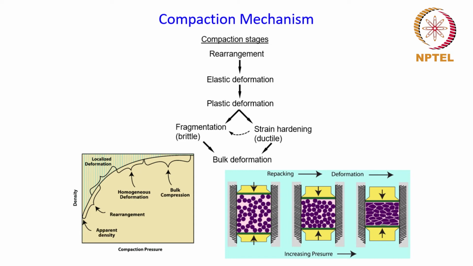So that's the homogeneous deformation process, as it is called. And once this deformation process has ceased, then the bulk deformation will start. That is when all the powder particles have made contact with each other, then the entire compact will start to deform as the pressure is increased.